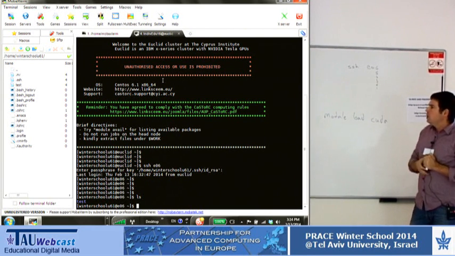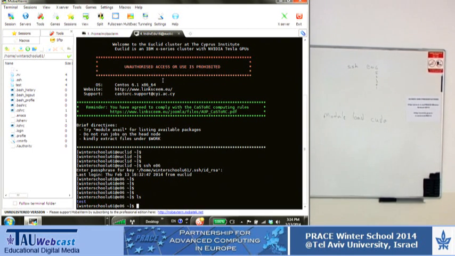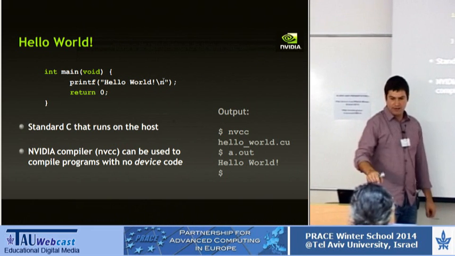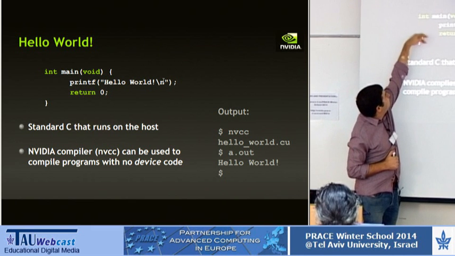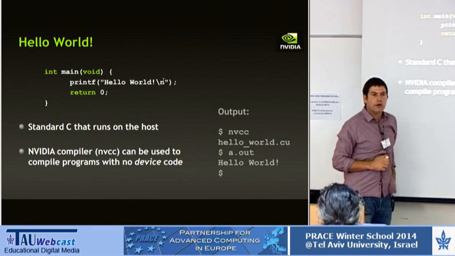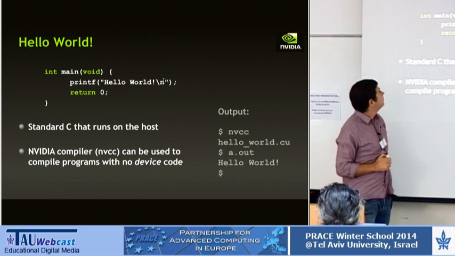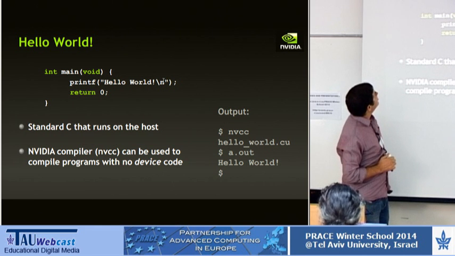Okay. So, as I said, please open your favorite text editor and write this simple C++ program, and we're going to compile it with NVCC. That's a really good question.